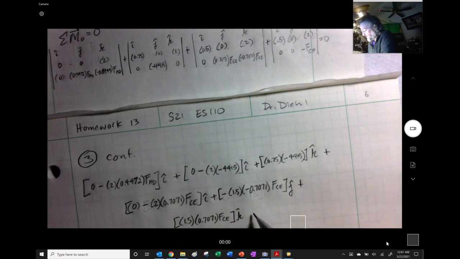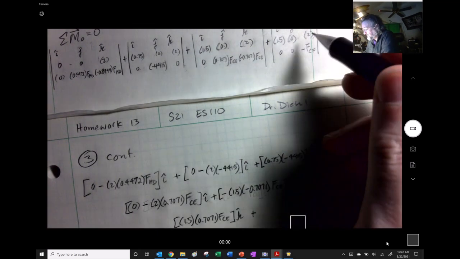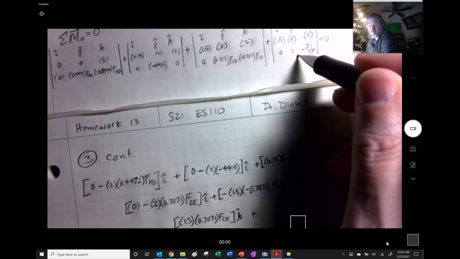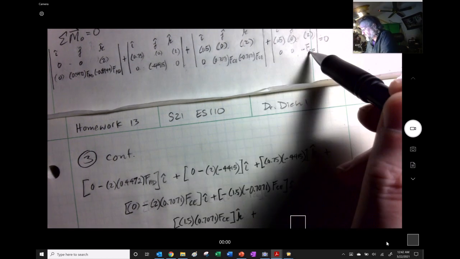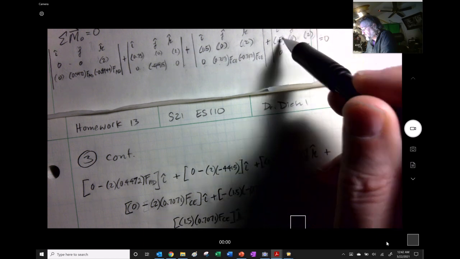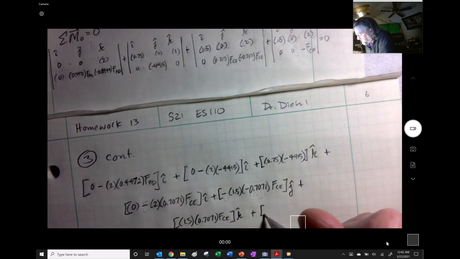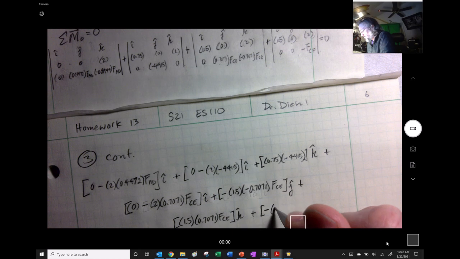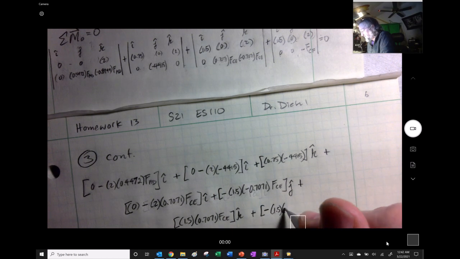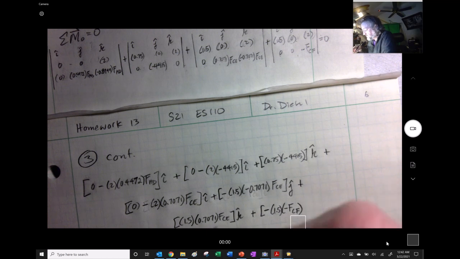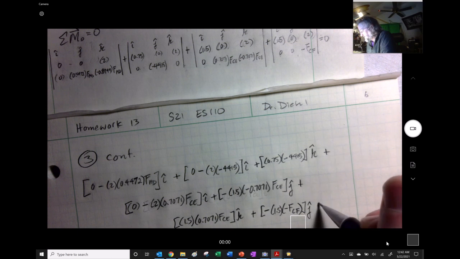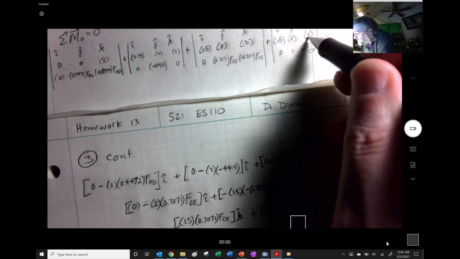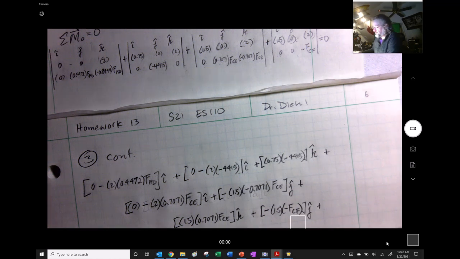Let me try it about I. Doesn't do anything about I. I tried it about J. This one has about J. Remember, it's going to be negative, so negative 1.5 times a negative FCF. J. And then lastly, is there one about K? Nope.